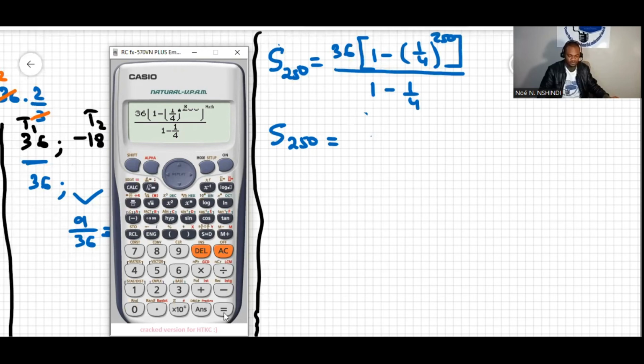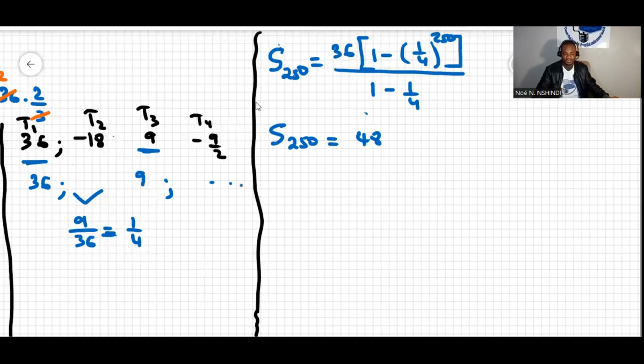When we hit equal, the answer here is equal to 48. This is the sum of the numerator, the odd terms.